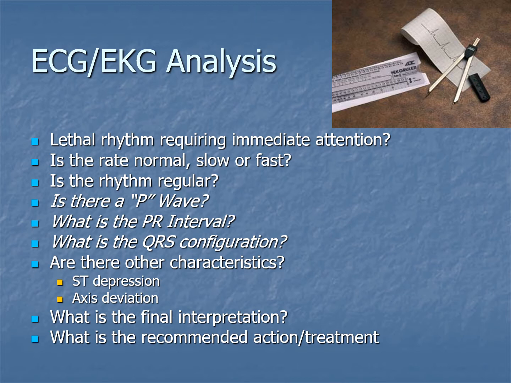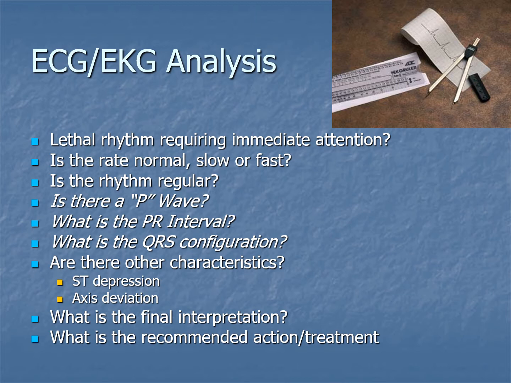So the first thing we're doing is we're looking at, is the rhythm a lethal rhythm requiring immediate attention? So does the patient look really bad clinically and it looks like there's a ventricular fibrillation or a ventricular tachycardia going on that requires immediate attention? Is the rate normal, slow, or fast? Is the rhythm regular? Is there a P wave? And the P wave, again, is that small wave that precedes the QRS interval.